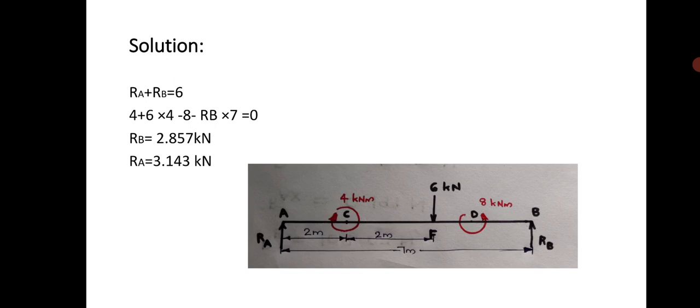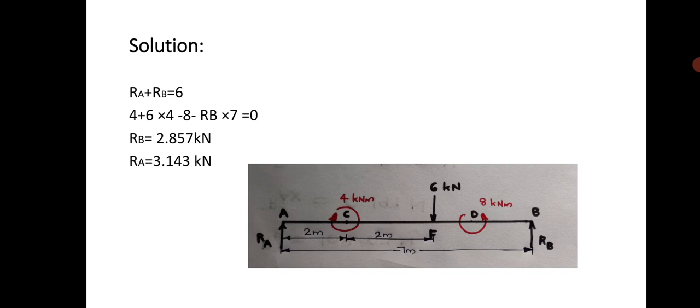So minus 8 kilonewton meter, and the moment due to the vertical reaction at B, that is RB into 7, that will be in the anti-clockwise direction. So that also minus. So the equation will be plus 4 plus 6 into 4 minus 8 minus RB into 7 is equal to 0.